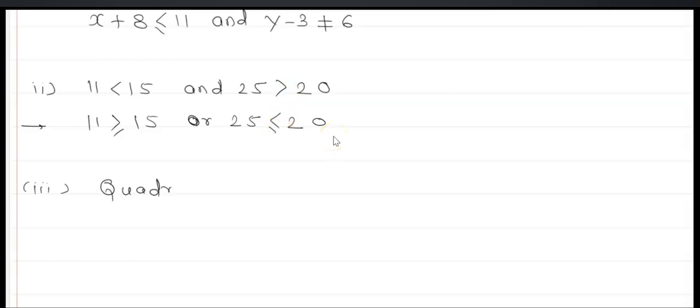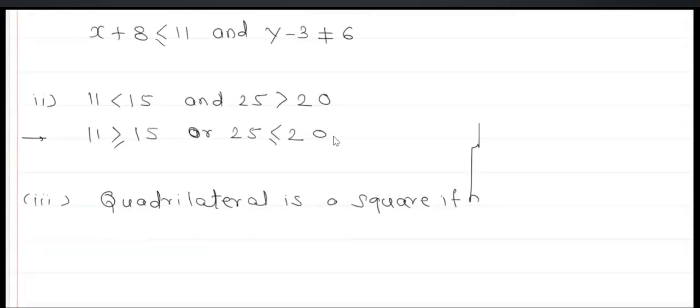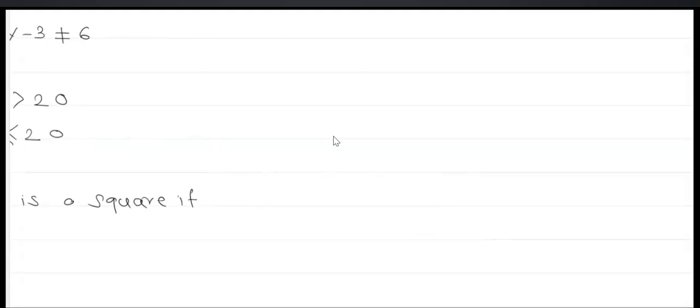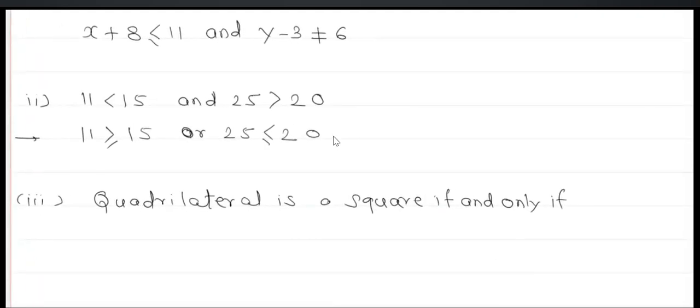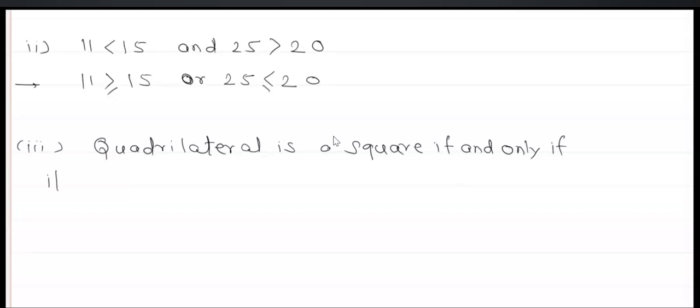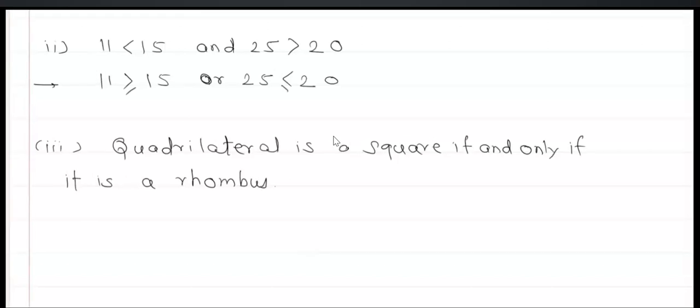Third one, quadrilateral is a square if and only if it is a rhombus.